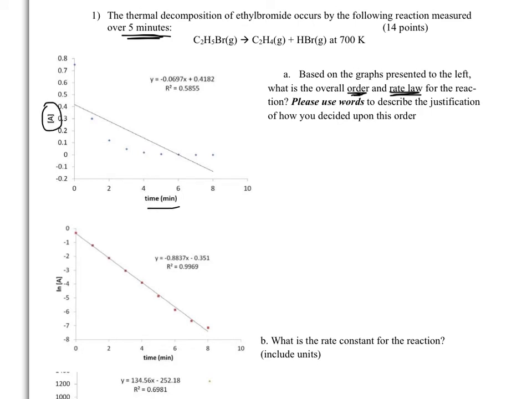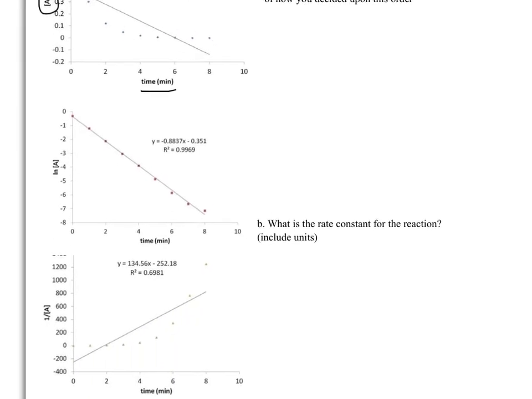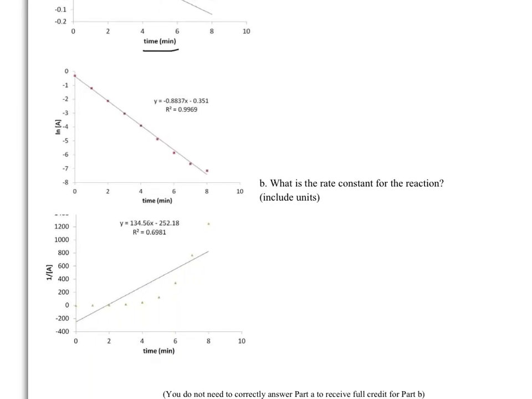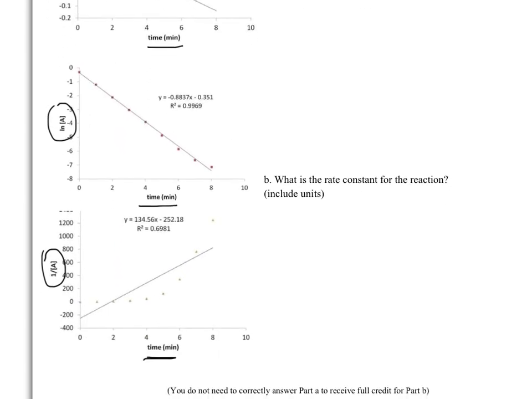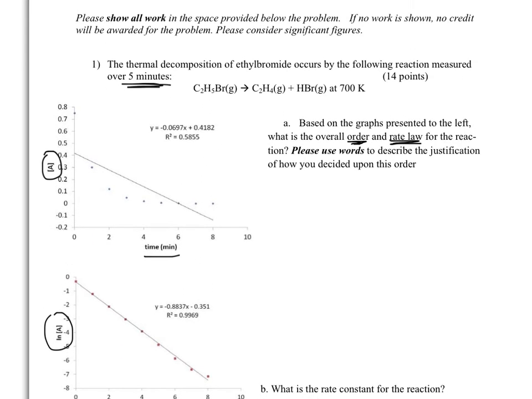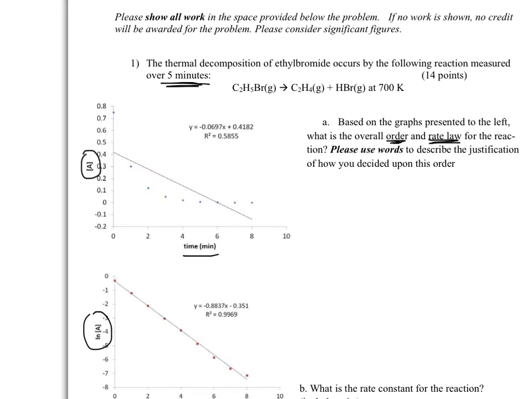Concentration versus time, the ln of A versus time, and 1 over A versus time. The concentration is on the y-axis, time all on the x-axis. And so these are all the same data for the concentration of this reactant going down as a function of time.